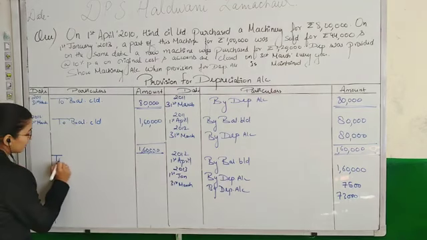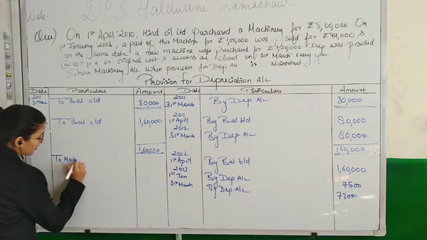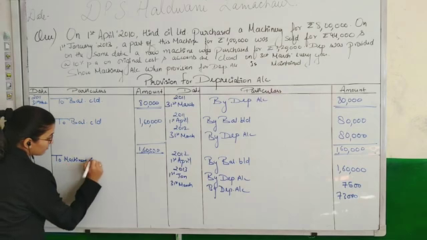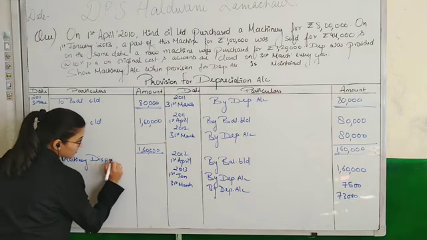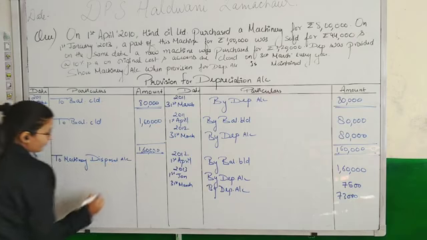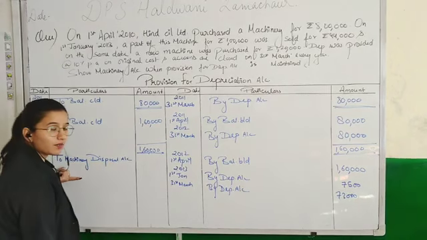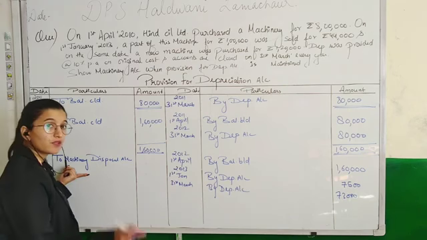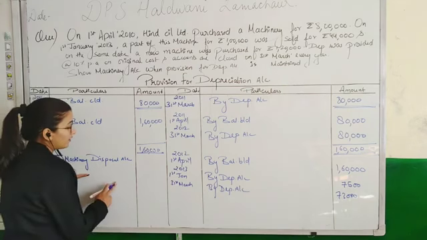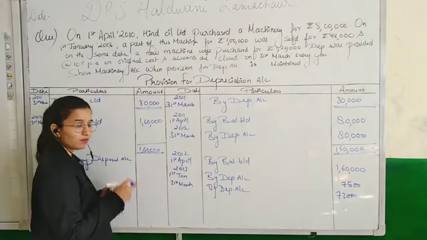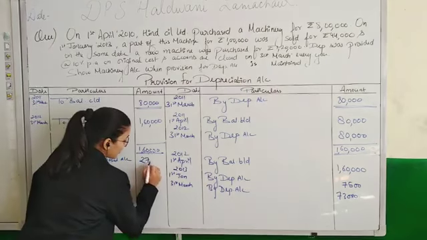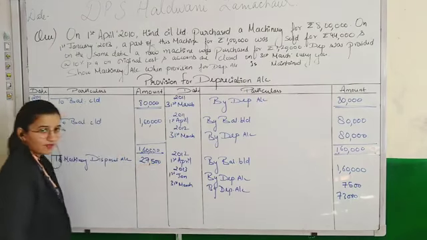So we will write it here to machinery disposal account. We are transferring the accumulated depreciation on the part of the machinery which is being sold, and the amount was calculated in the previous method, which was 27,500.